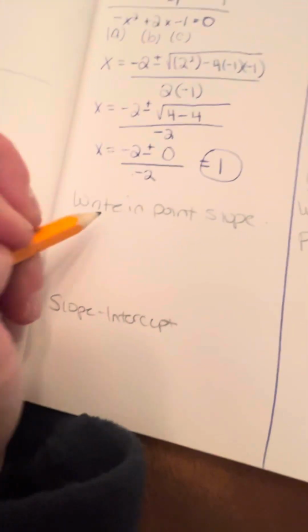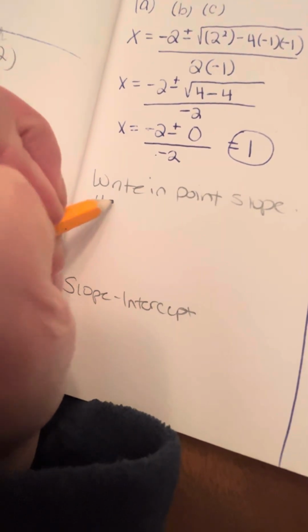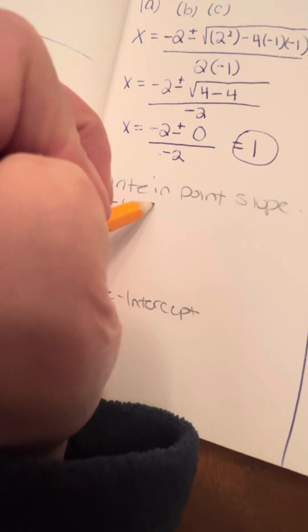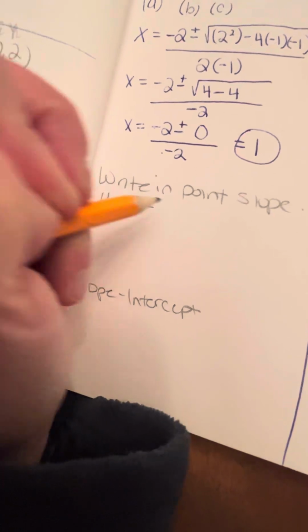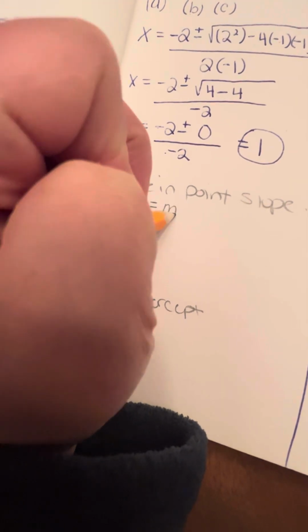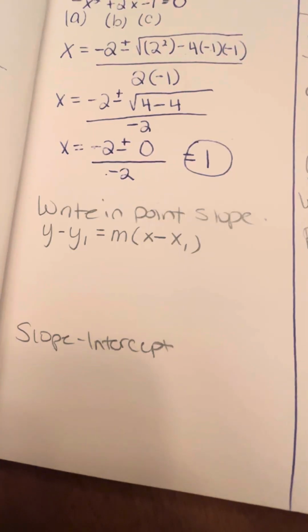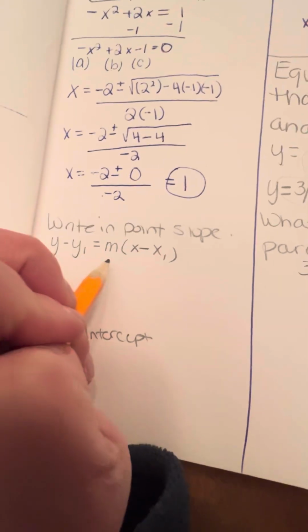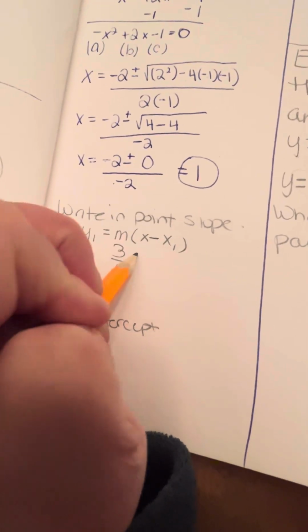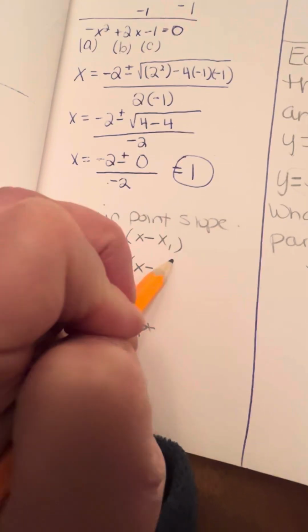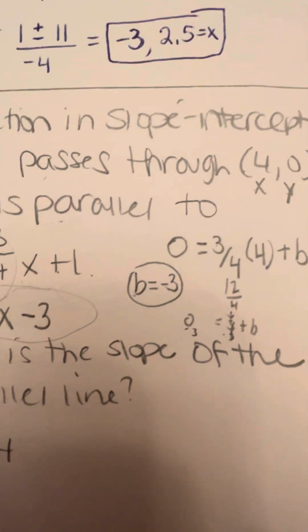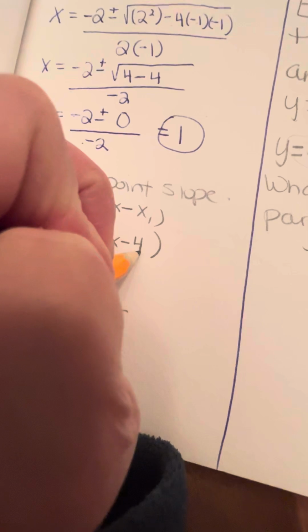In point slope form, it's y minus the y1 coordinate, then our slope, and then in parentheses, x minus the x coordinate that you are given. So I replace the slope with the 3/4, and in parentheses, x minus the x coordinate we're given, which was 4. So we're going to put 4 right here.